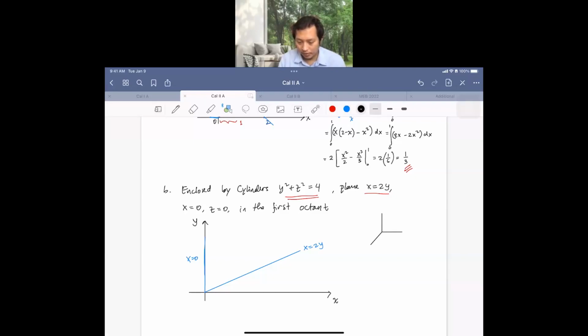So if this is z, x, sorry, maybe y, x to make it easier to look at. This will be the cylinders, right? The cylinders.